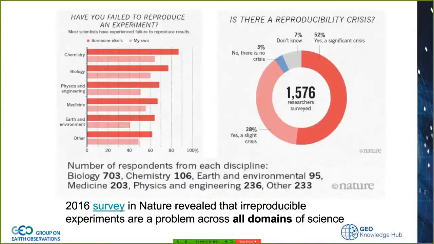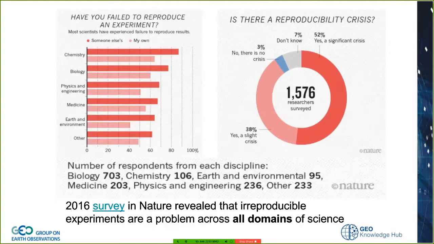However, when we look across the landscape in terms of research, we find that reproducibility is far from a common practice. A survey that was conducted by Nature Science magazine in 2016 showed that there are, in actual fact, irreproducible experiments across all domains of science.